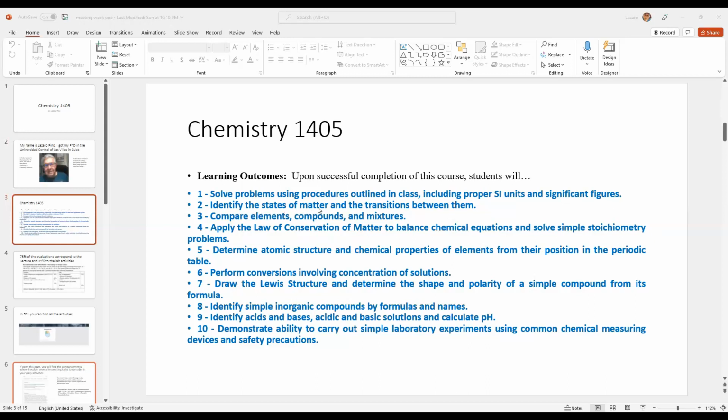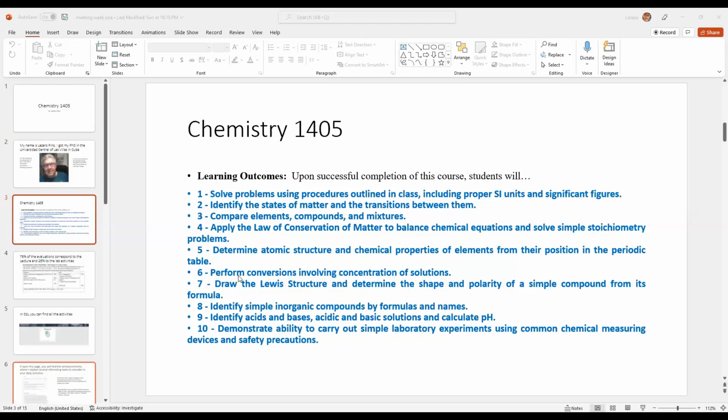Identify the states of matter and transitions between them, compare elements, compounds and mixtures, apply the law of conservation of matter. You're going to balance a chemical equation and solve stoichiometric problems. Also, you will determine atomic structure and chemical properties of the elements and their position in the periodic table.